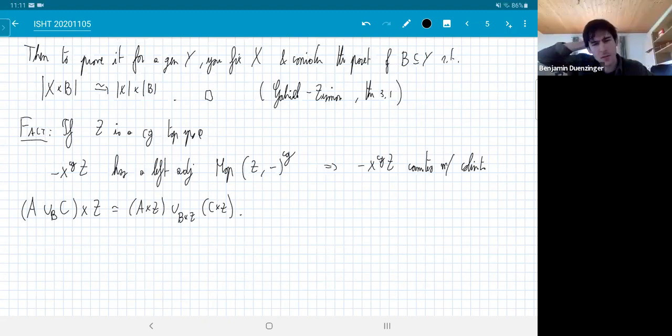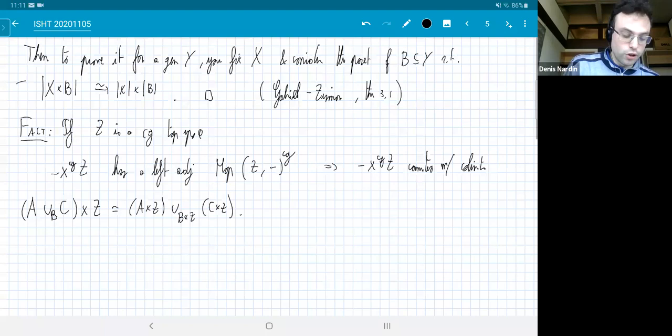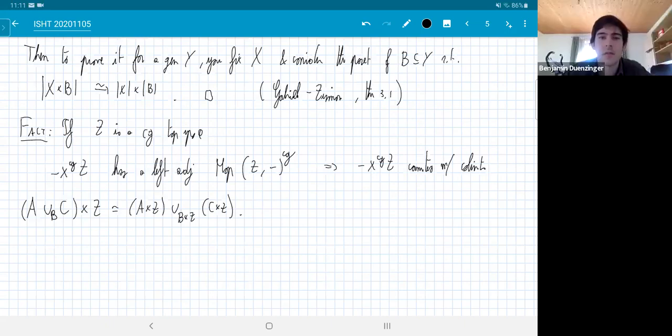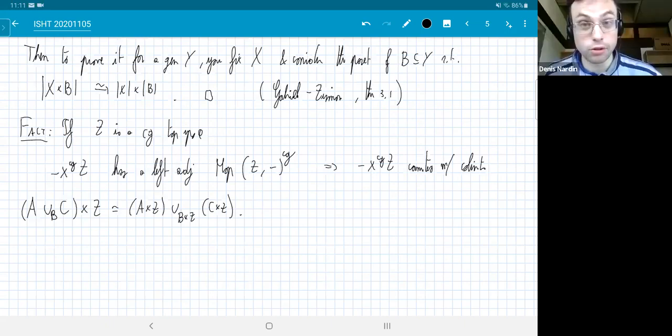But didn't we use it only for Z equals the standard n-simplex? Yeah. Well, first of all, you use it for a general X. Yes, you're right. But the point is that even if you take two compactly generated topological spaces and you take the product with the product topology, that is not necessarily compactly generated.